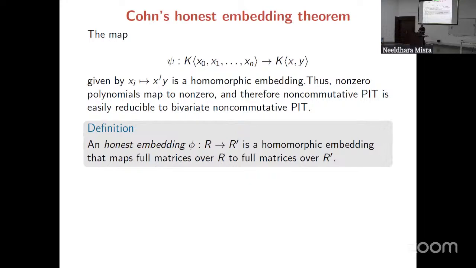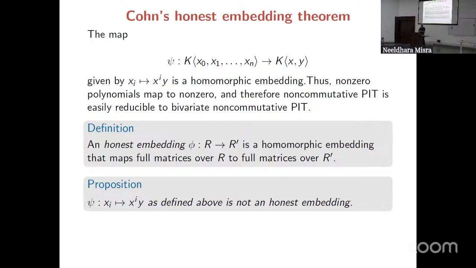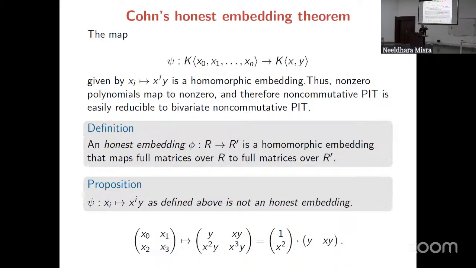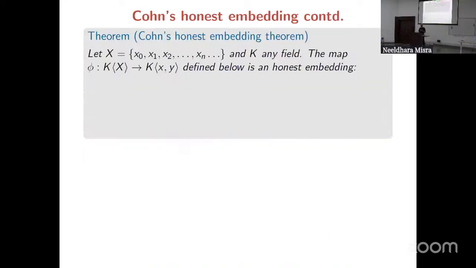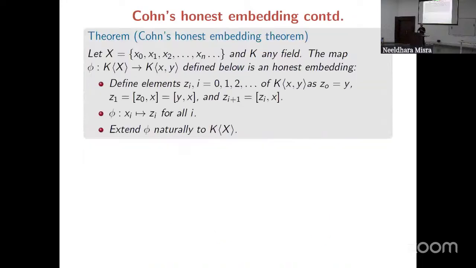It turns out that Cohn has this really amazing result. It shows that the usual substitution I wrote there does not work; it does not preserve ranks of full matrices. But this one does. You can see commutators popping up there.